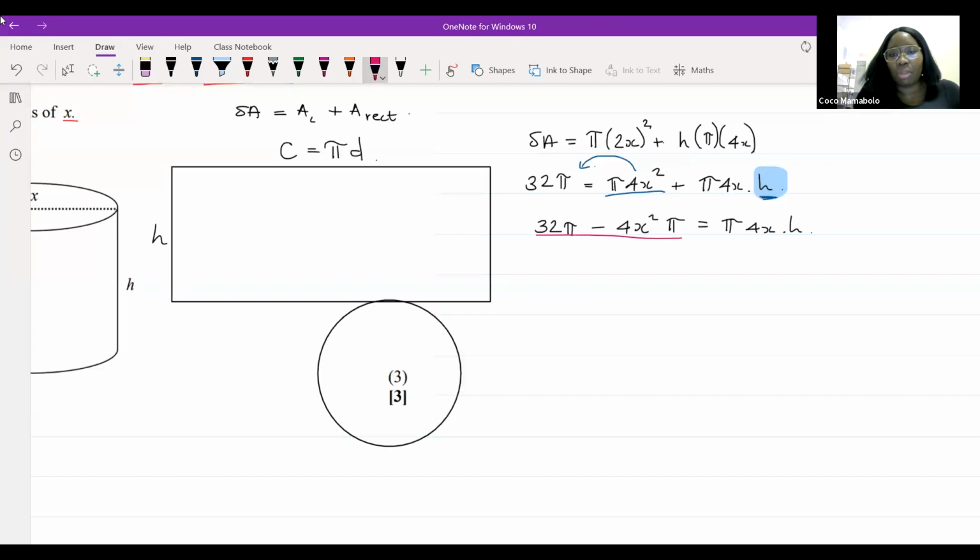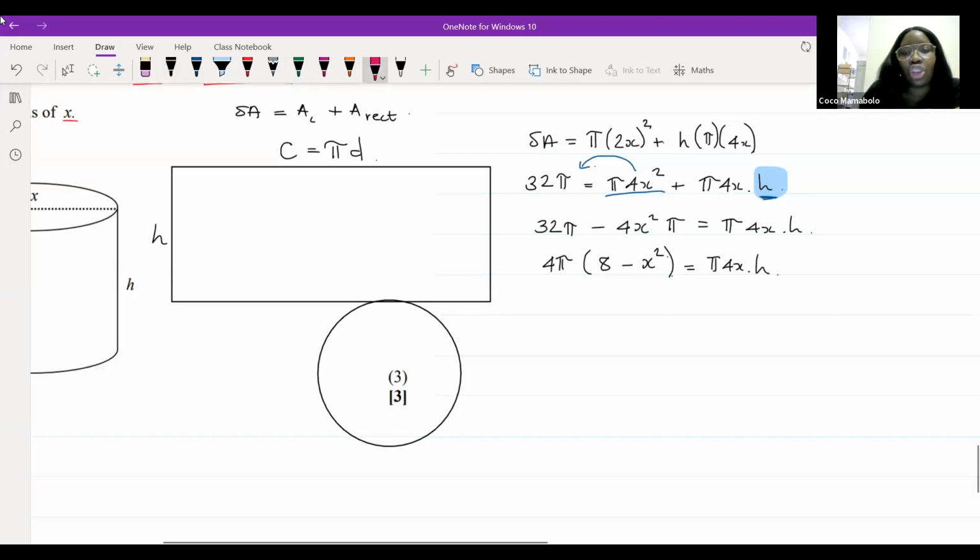What do those two terms have in common? Pi and 4, correct. They have 4 pi in common. So we're going to take 4 pi out, and we end up with 4 pi, open brackets, 8 minus x squared, which is equal to pi times 4x times h.